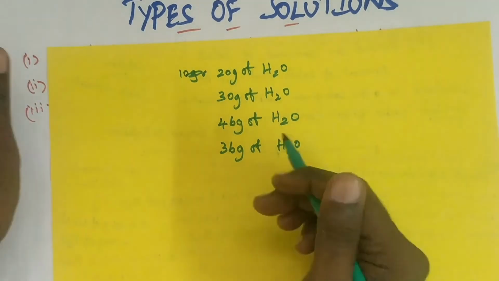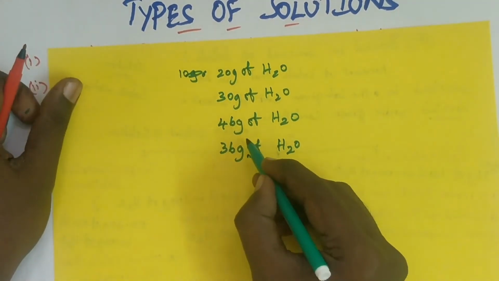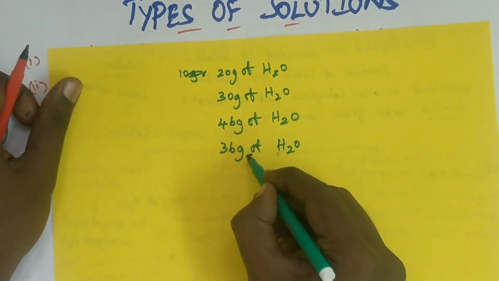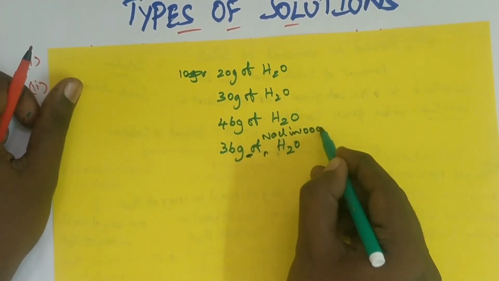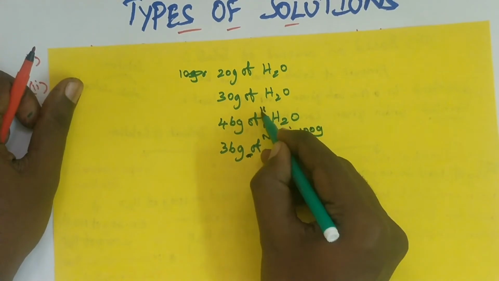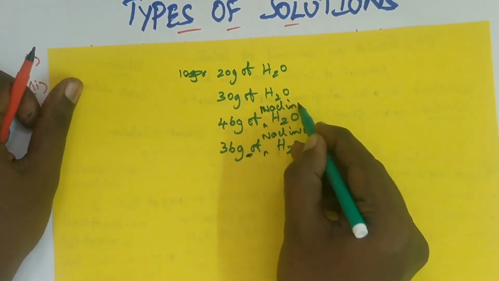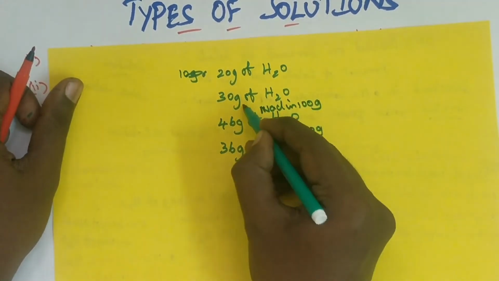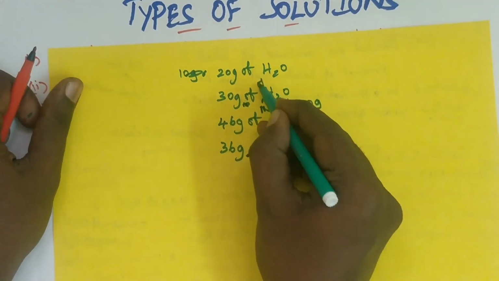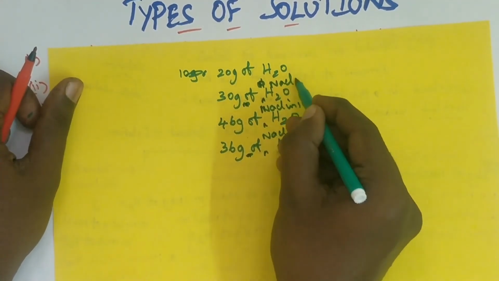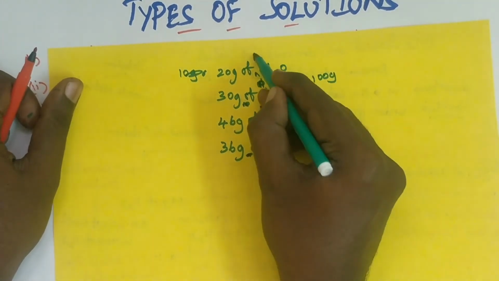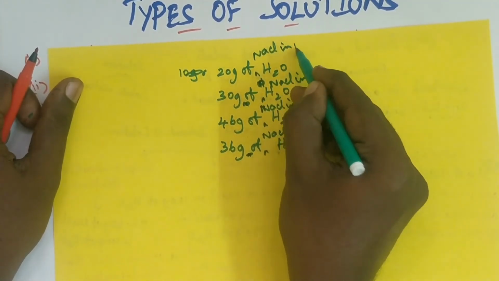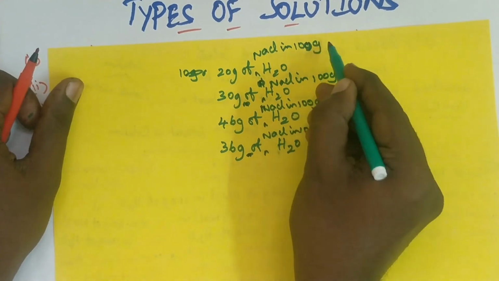Sorry, I didn't mention the solvent. Solute 36 gram of NaCl in 100 gram of H2O, 46 gram of NaCl in 100 gram of H2O, 30 gram of NaCl in 100 gram of H2O, 20 gram of NaCl in 100 gram of H2O.